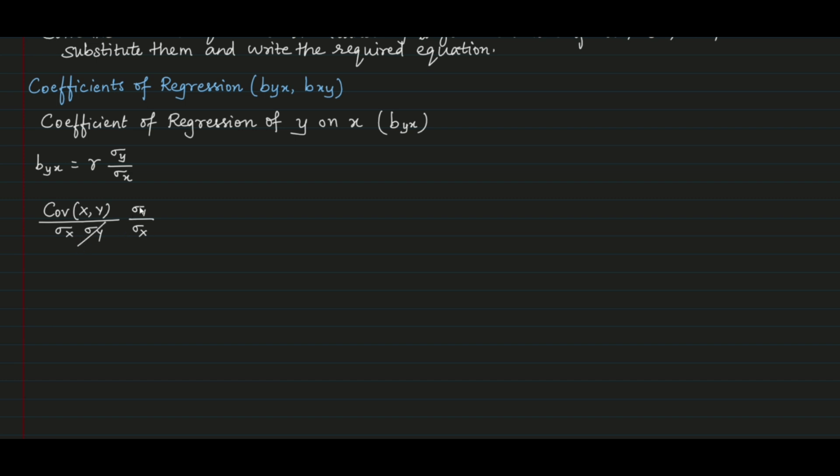Here we can find the standard deviation of y gets cancelled, and we get the square of standard deviation of x, which is nothing but variance of x.